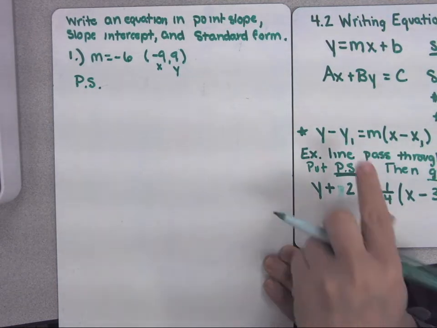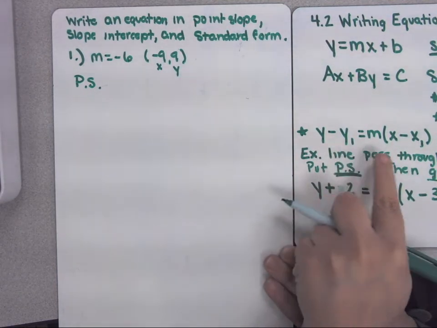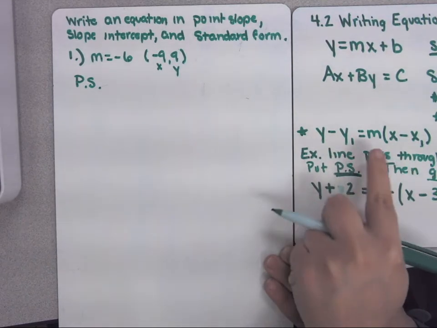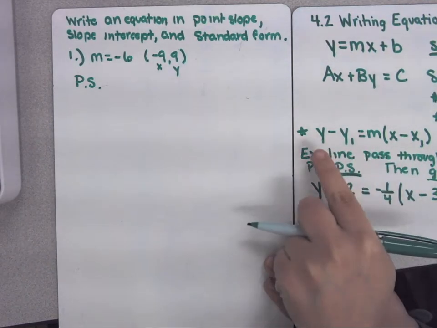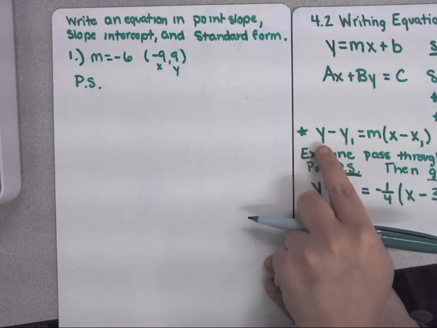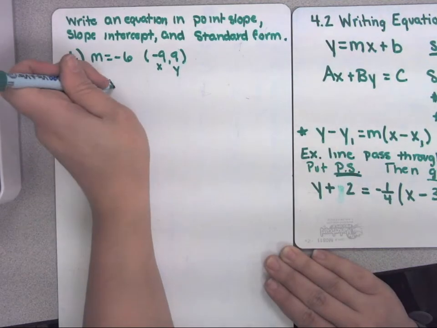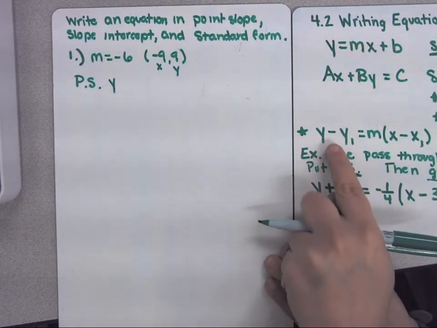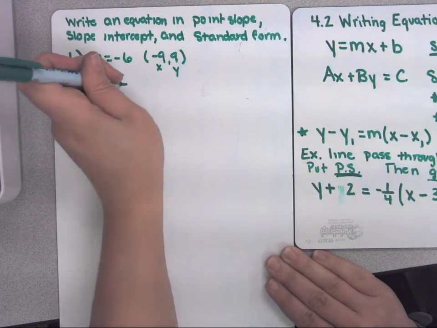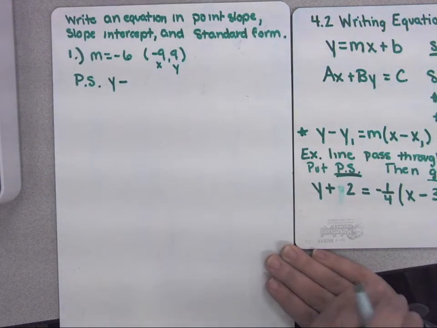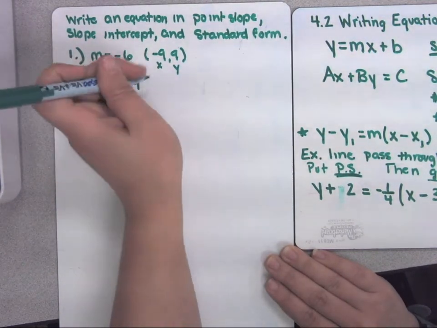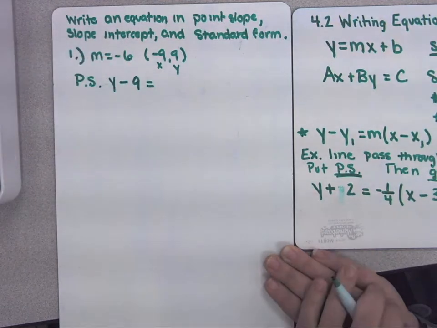Now let's type it in. Look, my equation's right here. The hard part's putting it in standard form. We'll get there. Let's write it in. Do I plug anything in for this first Y? No. So I'm going to write Y minus Y sub 1. What's Y sub 1? It's 9. Then equals, what's M?